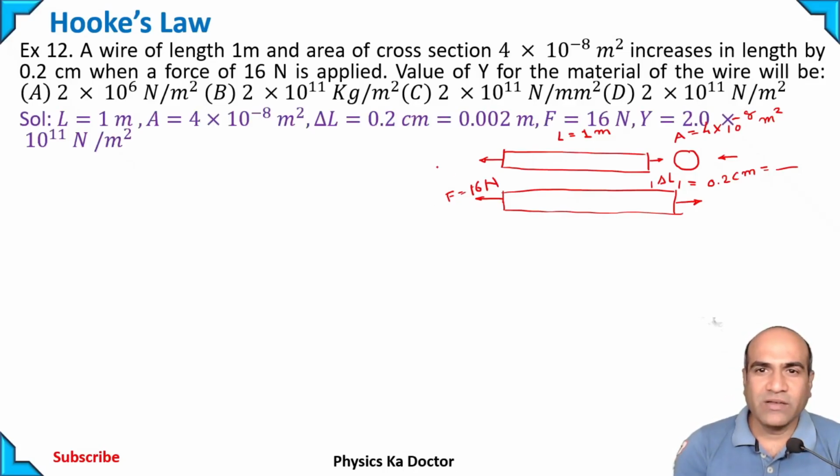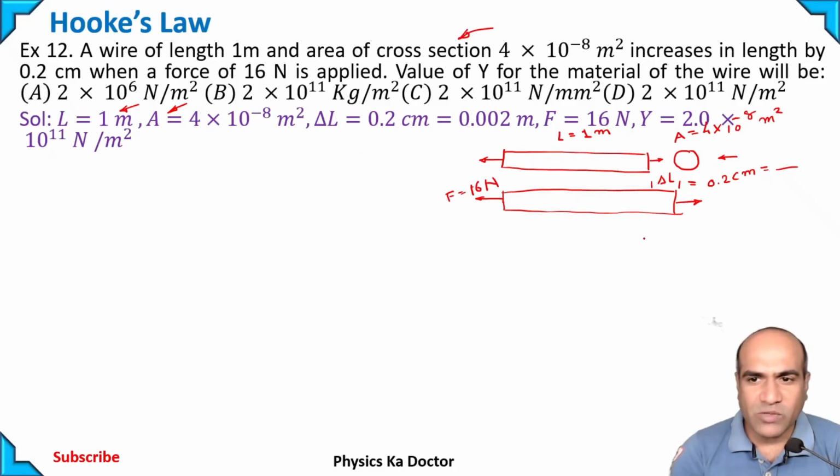So first, we always identify the given data. As I mentioned earlier, a wire of length 1 meter is given, so we can take L is 1 meter. Then the cross section area A is 4 multiplied by 10 power minus 8 meter square.